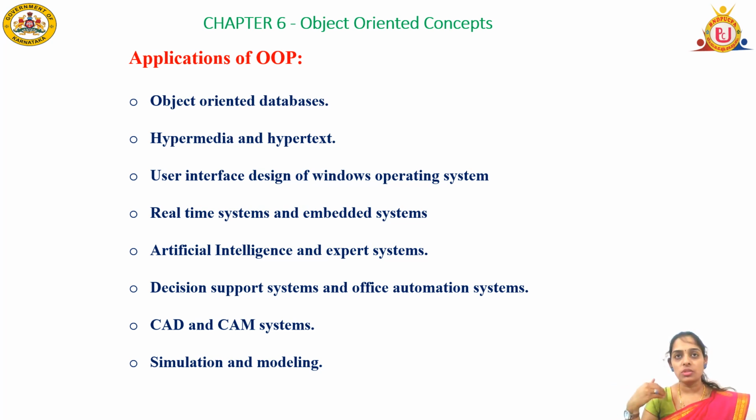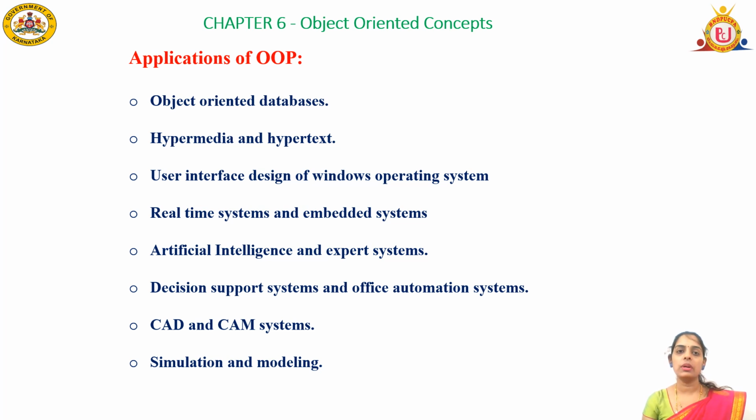But an object-oriented database is the combination of object-oriented programming and a relational database. So the various elements can be created using object-oriented programming and stored in a relational database.